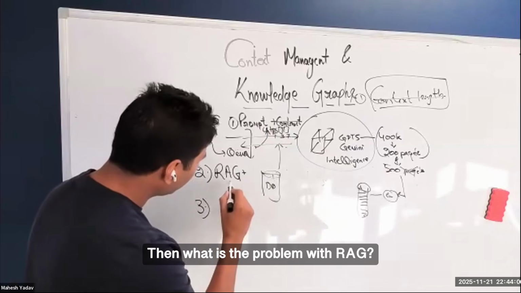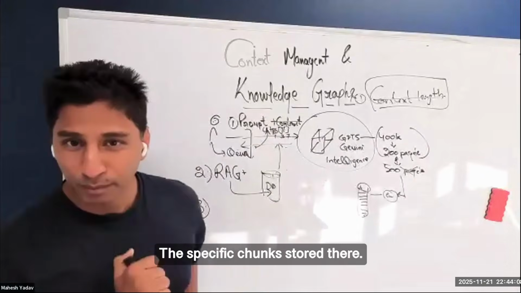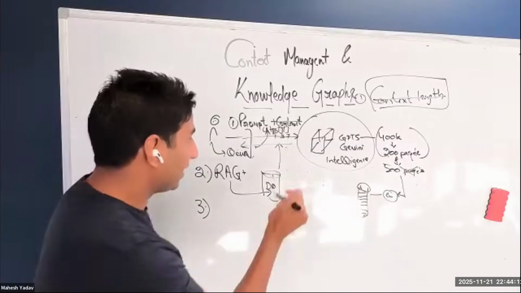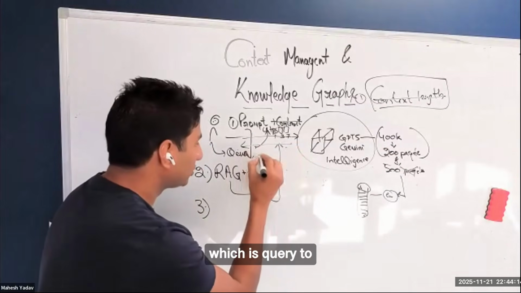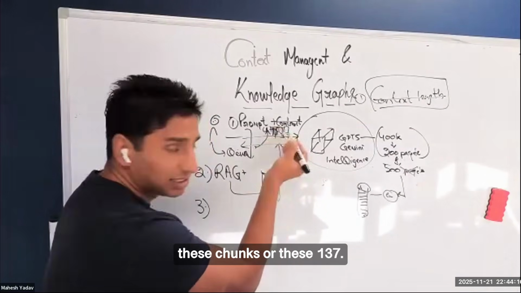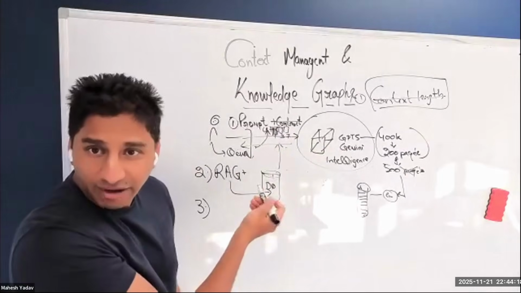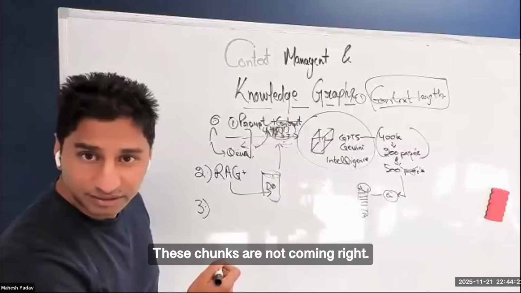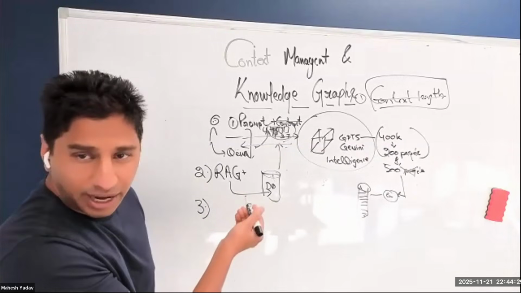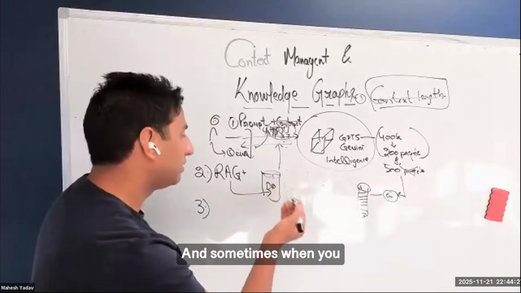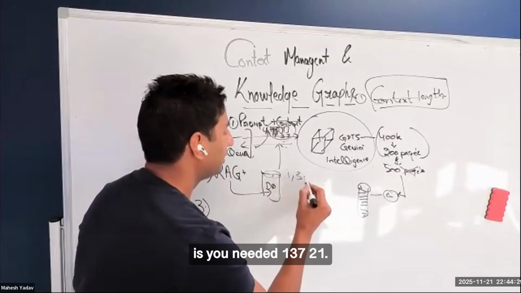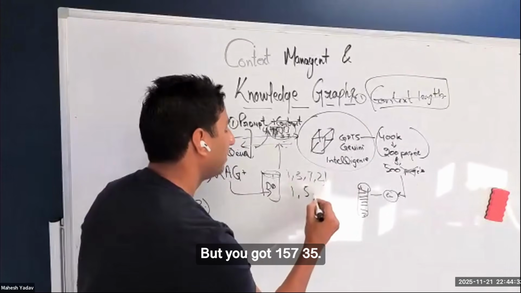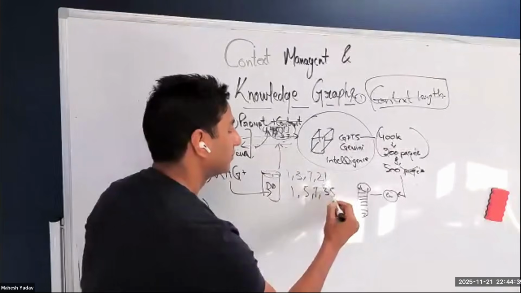Then what is the problem with RAG? The specific chunk is not stored there. Relevant chunks. Yeah. So there is some magic here, which is query to these chunks, or these pages like 137. And what if this goes wrong? These chunks are not coming right. The user is giving a query, and sometimes when you debug it, what you see is you needed 137, 21, but you got 1, 5, 7, 35.